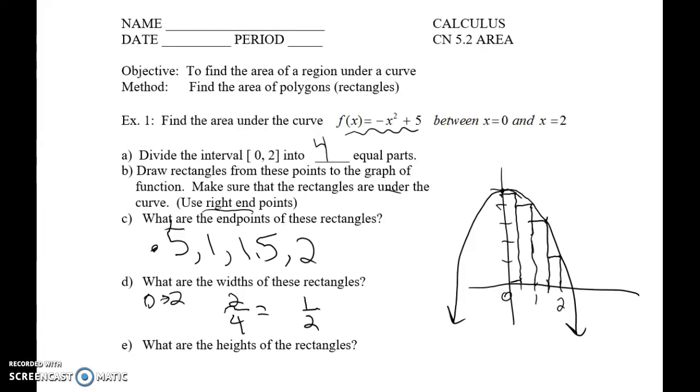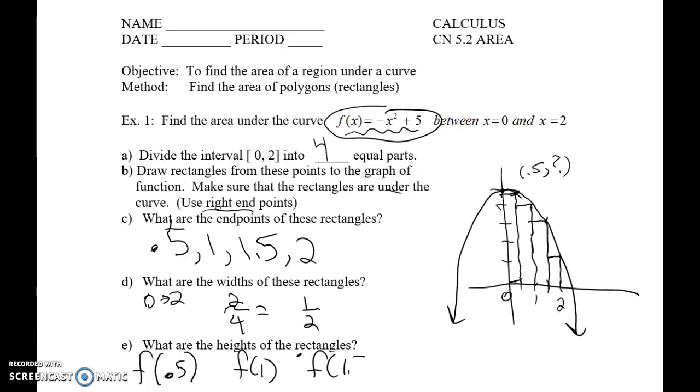So if the width is a half, to find the area of this rectangle, we just now need to know the height. The height touches the curve right here at 0.5. So if I plug 0.5 into the function given, I can figure out that height. The first rectangle's height will be the function value at 0.5. The second rectangle will be the function value at 1.